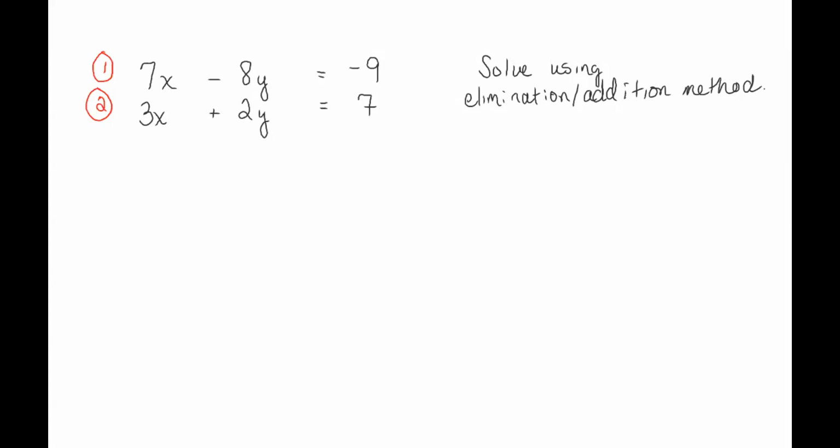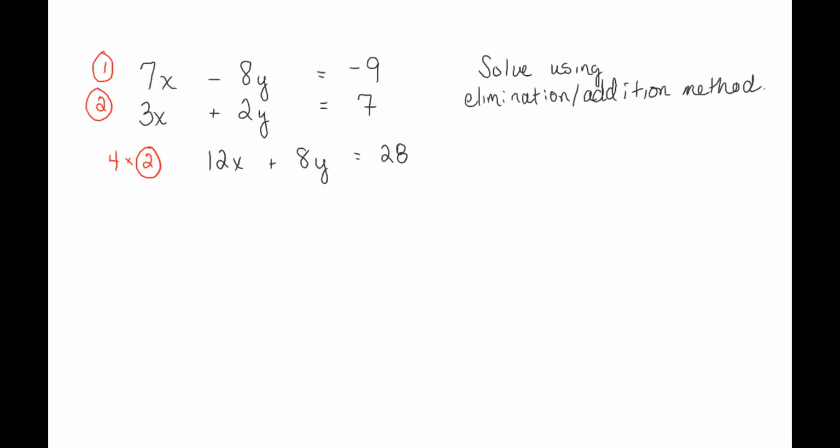4. Yeah, so what I'm going to do is take 4 times the second equation. I'm just going to write that as 4 times the 2 with the circle around it. So that means the equation, not the number 2. That gives me 12x plus 8y equals, and we have to multiply everything by 4, so 28.